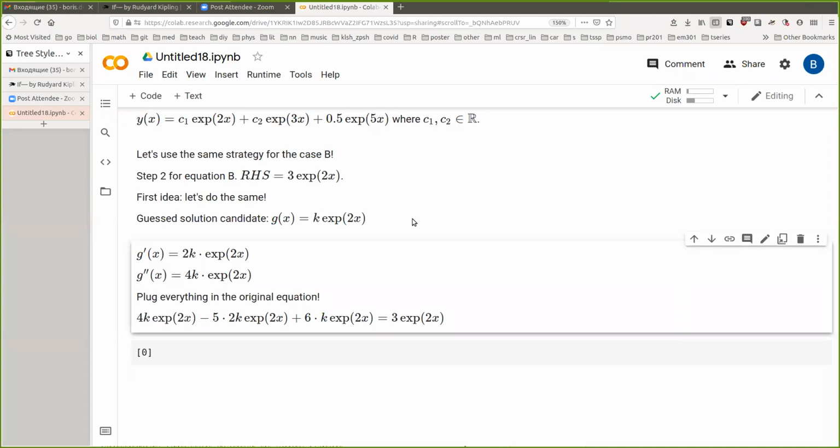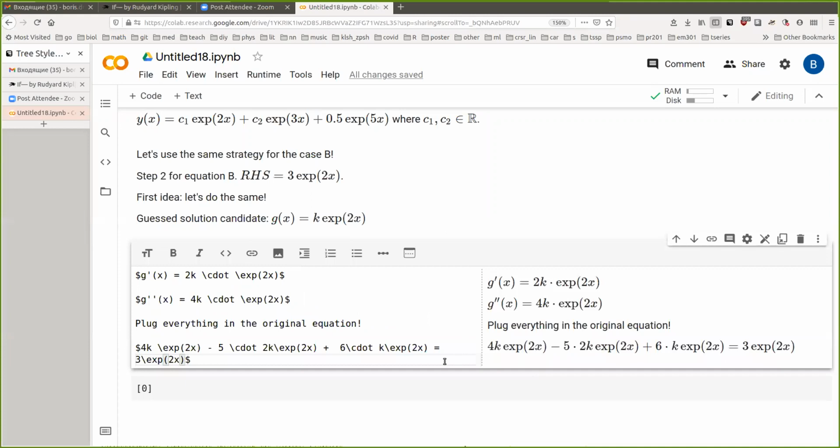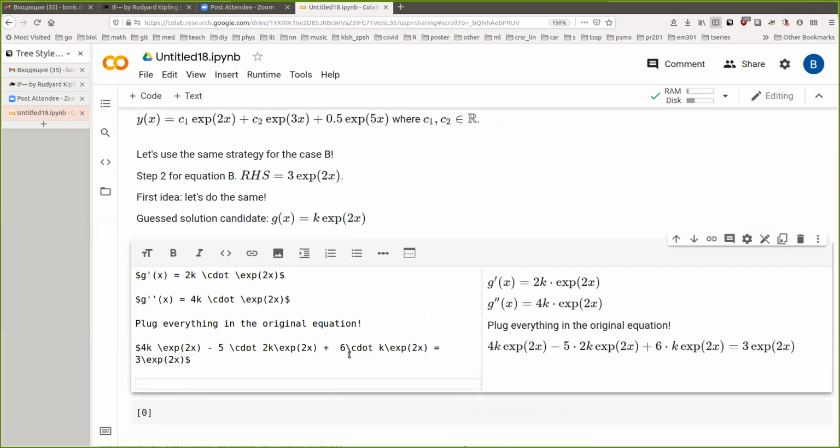The problem is that when you cancel exponent of 2x, you will get something like 0, because 4 minus 10 plus 6 is 0. 0 is equal to 3. Oops.